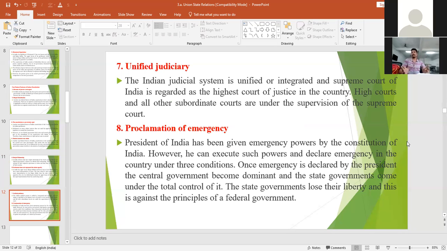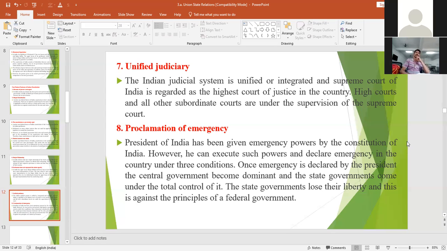They do not have an independent judiciary system. They have to follow the rules, regulations and judgments of the Supreme Court itself. That is why it is not a federal form of government or constitution. India is a non-federal state.